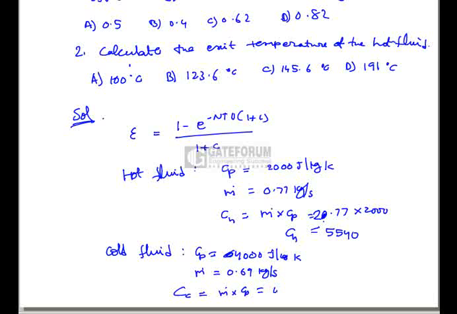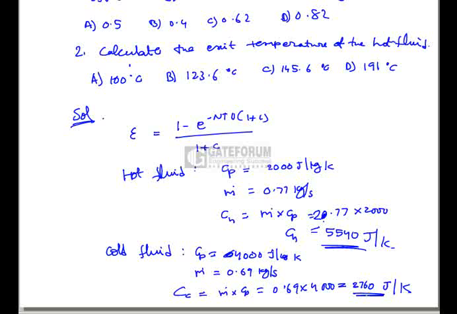So it is equal to 0.69 into 4000, which gives a value of 2760 joule per Kelvin, and Ch also in joule per Kelvin. So these two are the heat capacity of hot fluid and heat capacity of cold fluid.